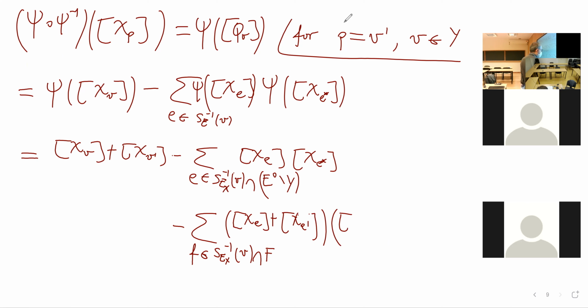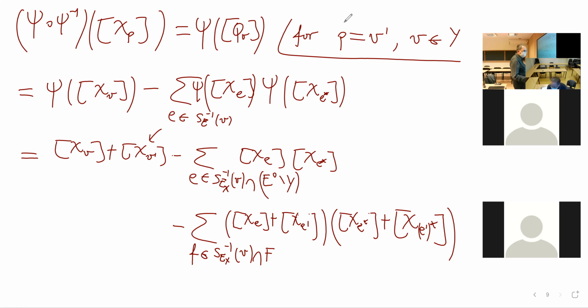So I have chi E star plus chi E prime star. So that's what we have to compute. And of course, what we hope is that this guy remains and these guys cancel out. And this is what's going to happen. But we need another board.